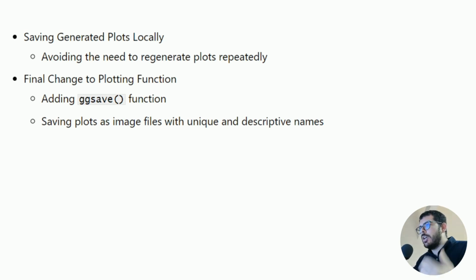Finally, the last thing that is left for us to do is to save these generated plots locally in our machines, and the way to do it is to automatize this process as well. And the best way to do this is to add the ggsave function to the plot Malawi final function, so that when we generate, we save these plots as well.